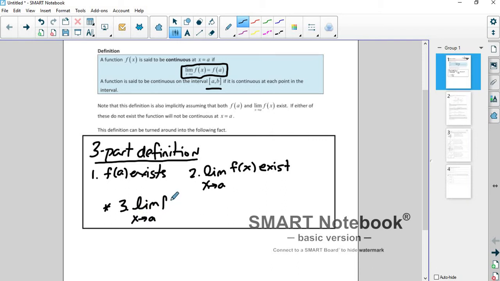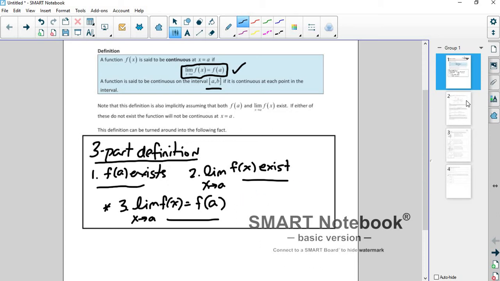So you've got to have all three of these to be true, and when I write this up top, this is listed as number 3 down here. When I write this here, I can't even write this equation if number 1 and number 2 aren't true. But when we're going to try to test some functions and see whether they're continuous or not, we want to look at these possibilities, okay? And then you tell me the things that go wrong if it's not continuous.